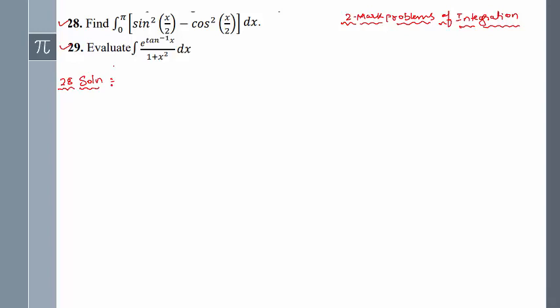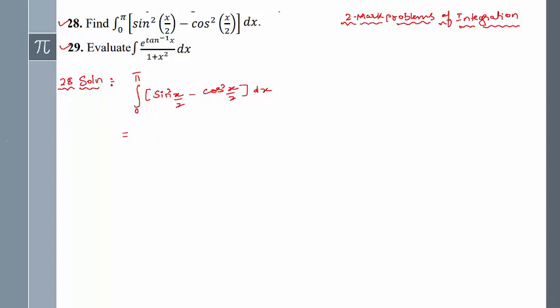In question number 28, they are asking you to solve the integration from 0 to pi of sine square x by 2 minus cos square x by 2 with respect to x. This is a very simple problem.